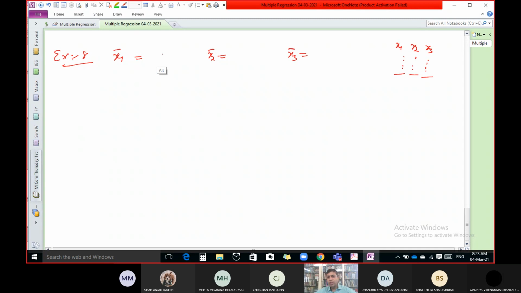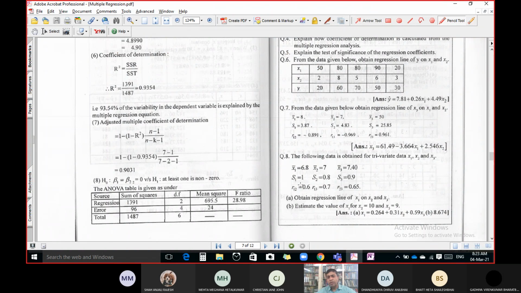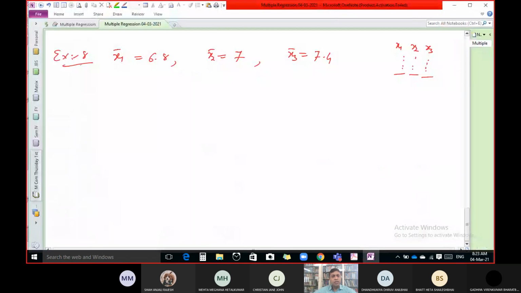So that information is given: 6.8, 7 and 7.4. Okay, then also we have information of S1, S2 and S3, or you can write sigma 1, sigma 2, and sigma 3.